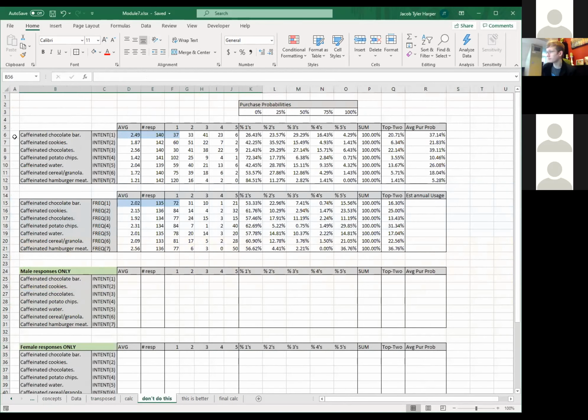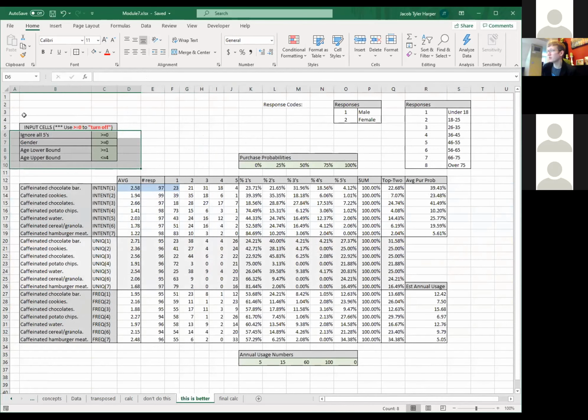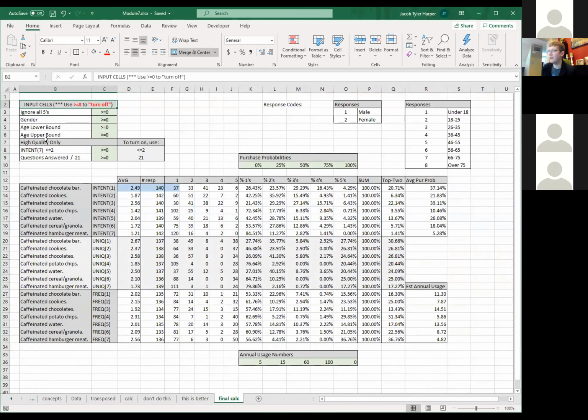So what I would suggest doing is you're going to take your input cells and add 2. You're going to check if intent 7 is less than or equal to 2, and you're going to check if they answered all 21 questions. Once again, I have input cells here, so I can turn it on and off at will. To turn it off, same as before, greater than or equal to 0 will essentially turn it off.